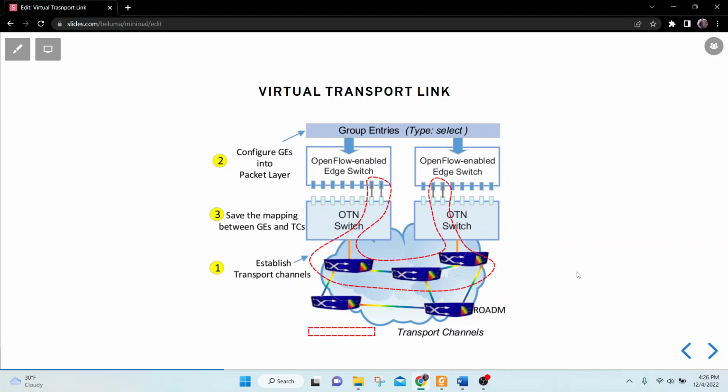Second, they configure the group entries into the packet layer, which is related to the networking infrastructure. And third, they save the mapping between the group entries and transport channels. You can see in this topology how it works in a virtual transport link.